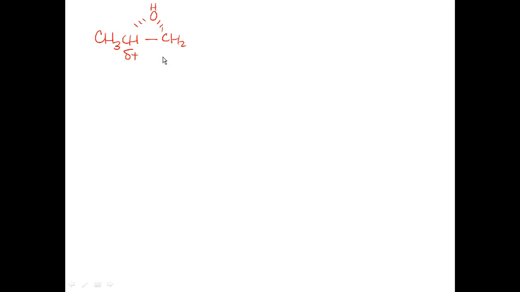what happens when the nucleophile comes in? In this case, it could be a neutral nucleophile like water or alcohol, or, after the protonation here, it could be a Br minus or a Cl minus.